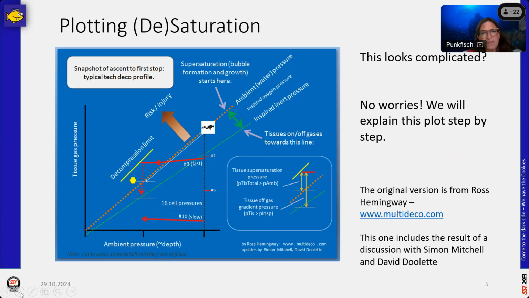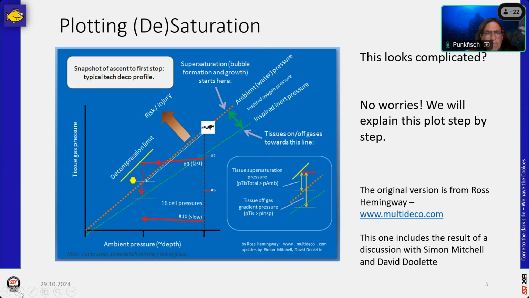We just adapted this from other authors and other thinkers, and the original is actually from Ross Hemingway. He's one of the programmers of the planning program Multideco, and with some adaptations that came out of a discussion with Simon Mitchell and David Doolette.